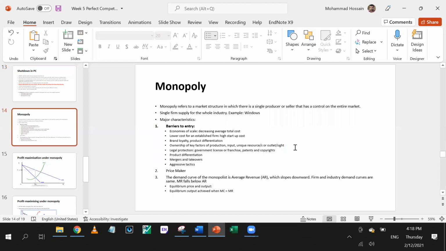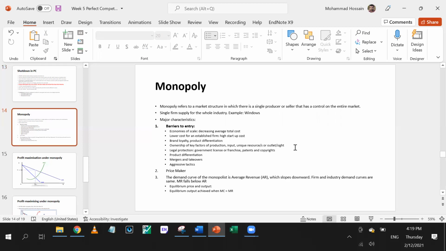Now, if we talk about monopolies, I have already discussed monopoly a little bit. What I said about monopoly is that there will be only one seller but lots of buyers.